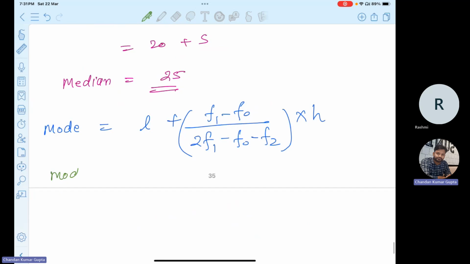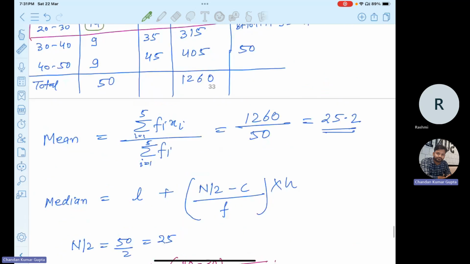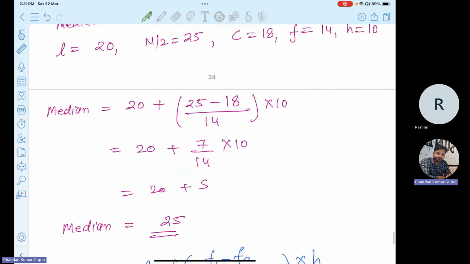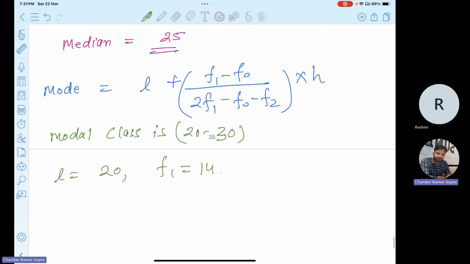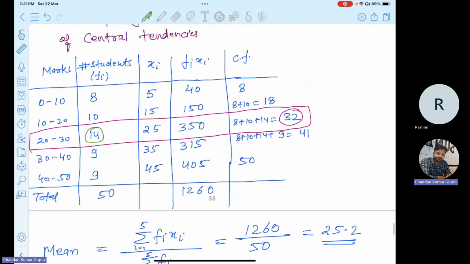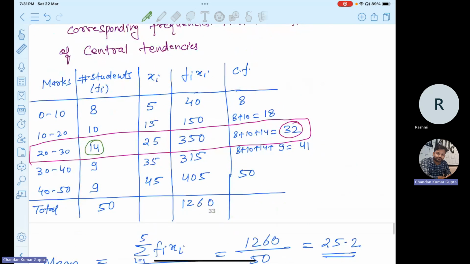So the modal class is the 20 to 30 group. Now L is 20. F1 is the frequency of the modal class, that is 14. F naught is the frequency of the class just preceding the modal class, 10.